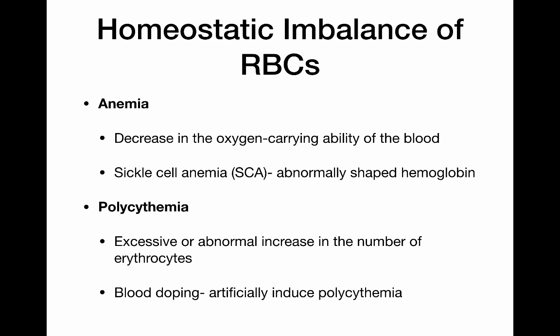Blood doping, which we have heard a lot of over recent years, is when we basically inject or administer some kind of a medication that causes an increase in red blood cells. So it's an artificially induced polycythemia. And the reason why this is done, again, is to increase your oxygen carrying capacity. The more oxygen you can deliver to your muscles, the more efficient your muscles, right?